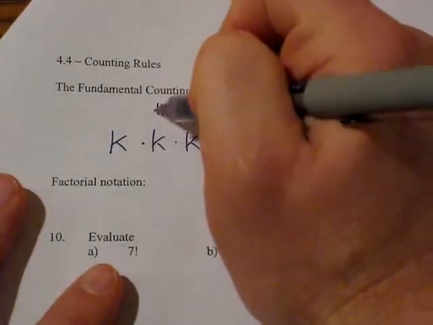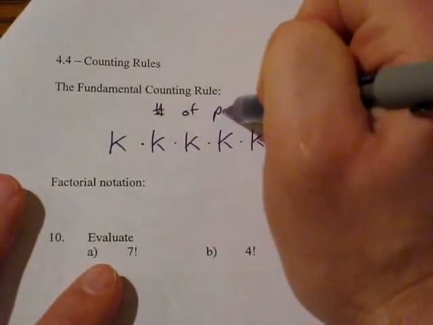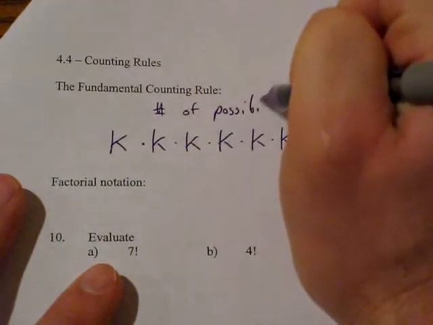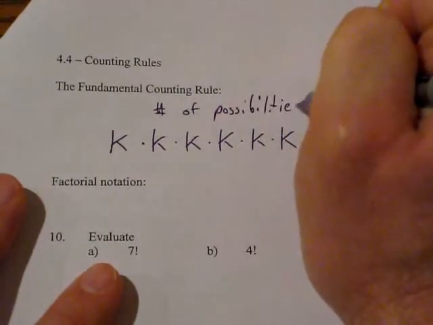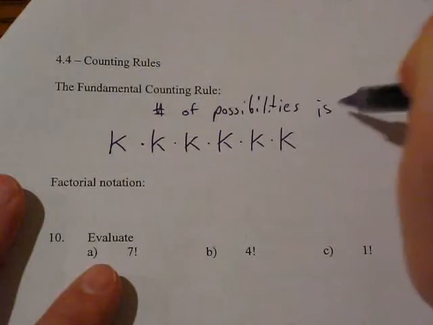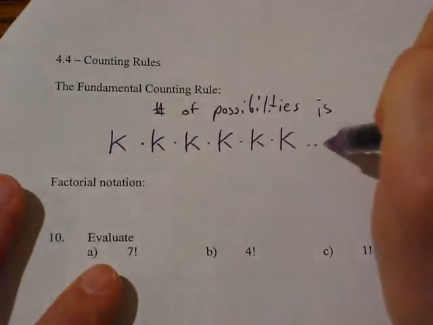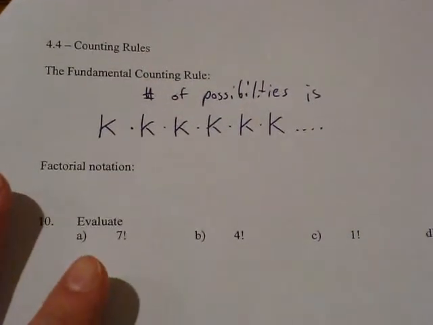So the number of possibilities is k times k, that many number of times.